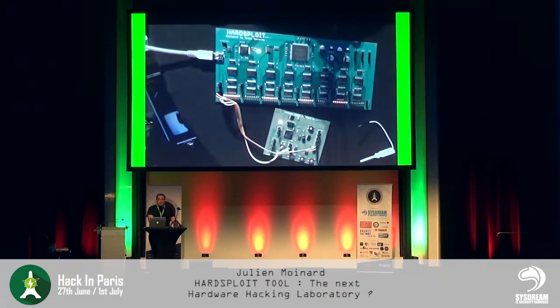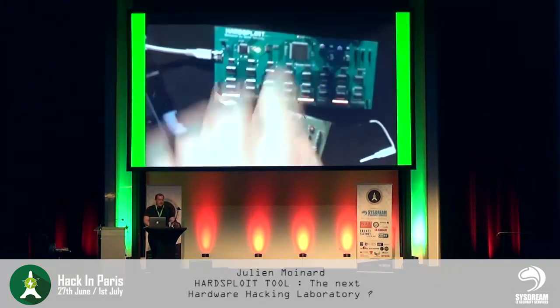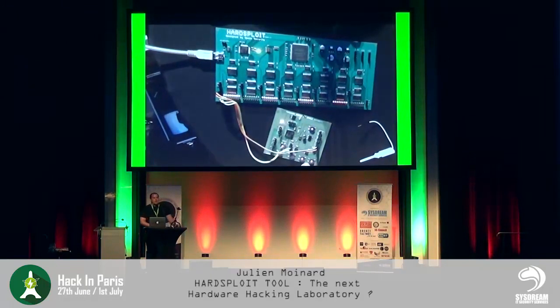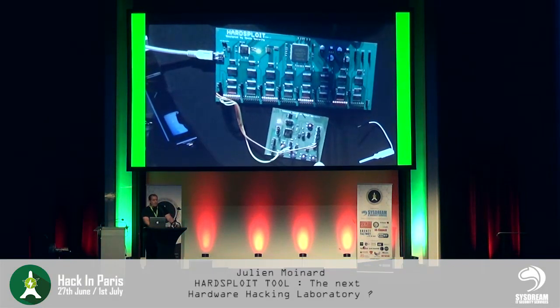Just to explain very fast, on the top you have the HARDSPLOIT tool, and on the bottom you have a training board. It's just like a fake lock system with lots of vulnerabilities inside. And today we'll just try to open the door. It's a common lock system.